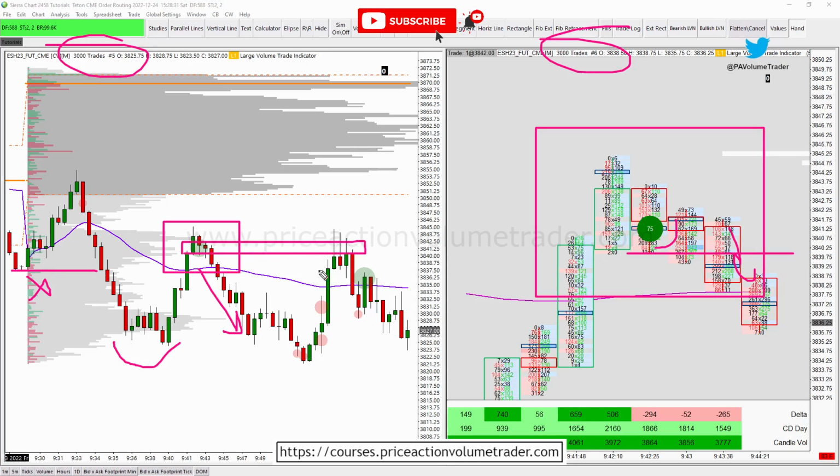This is also very common, where we pull back into an area of high volume and then reject, because traders that were caught on the wrong side, if they bought here and it went against them and then comes back, if they want to close at break even, they're going to have to sell their position to get out of their long, and this just adds to the pressure on the rejection.